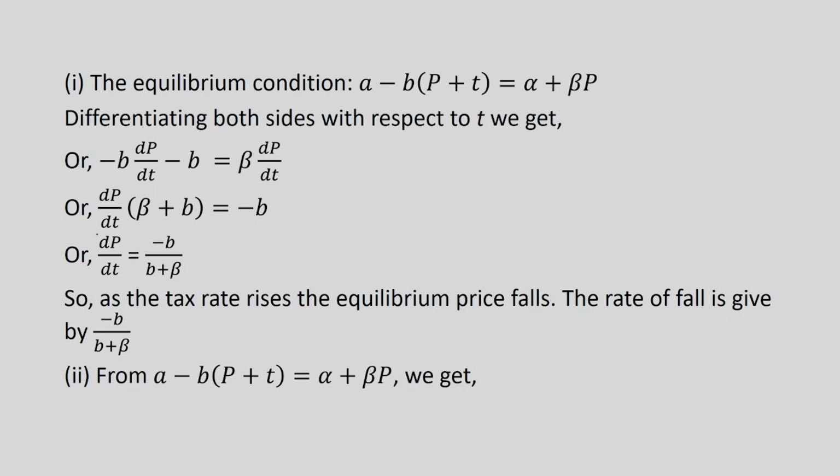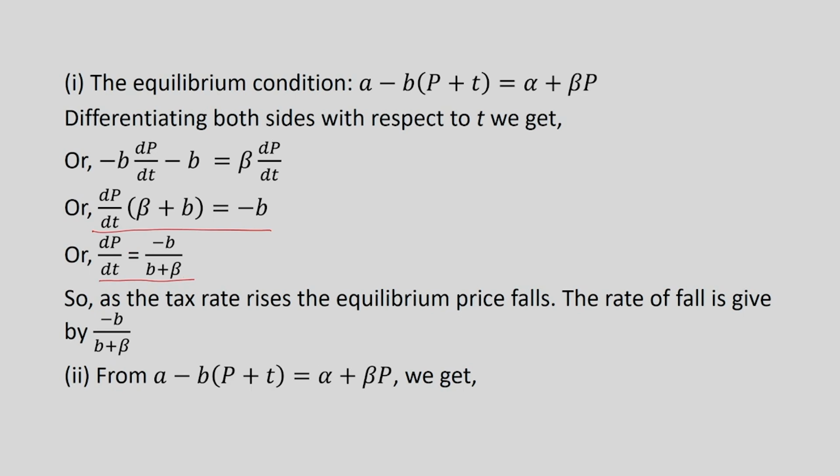I take all the dP/dt terms to the left hand side, and the coefficient of that will be beta plus b, and on the right hand side I take the constant terms, which become minus b. So, dP/dt will be minus b divided by b plus beta.